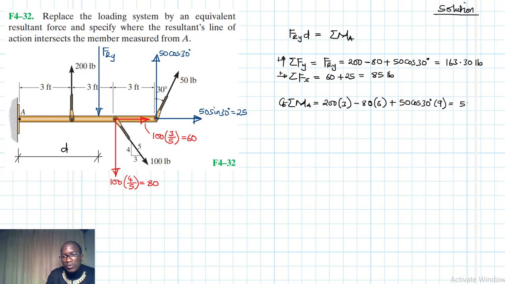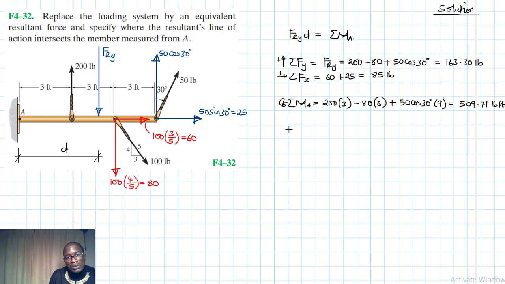This is going to be equal to 200 times 3 minus 80 times 6 plus 50 cos 30 times 9, which is equal to 509.71 pound-feet. So that is the moment which is clockwise or positive.